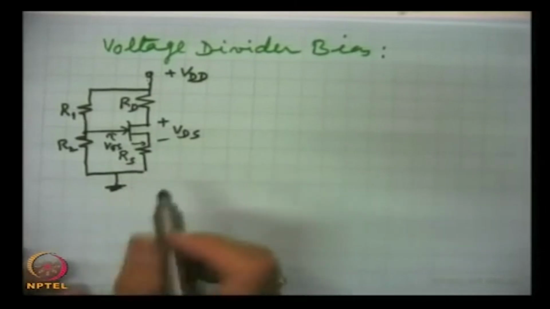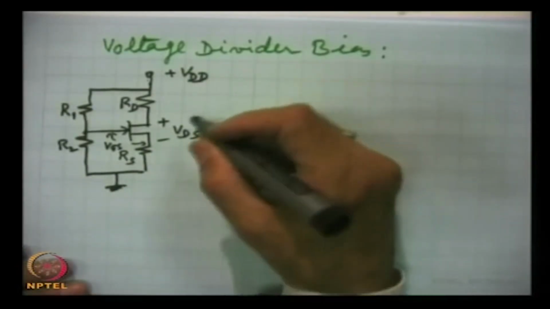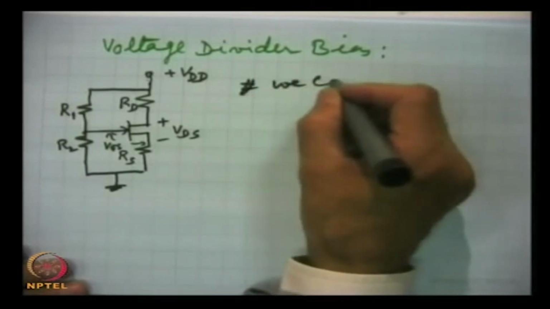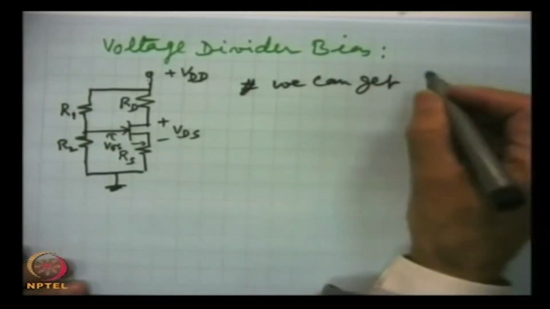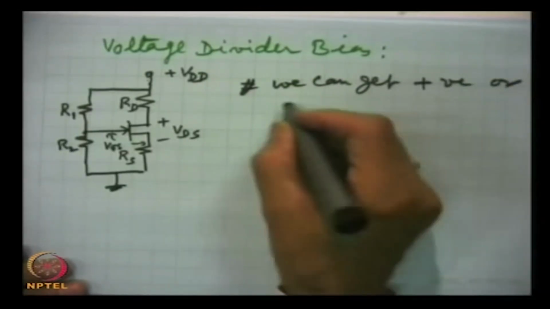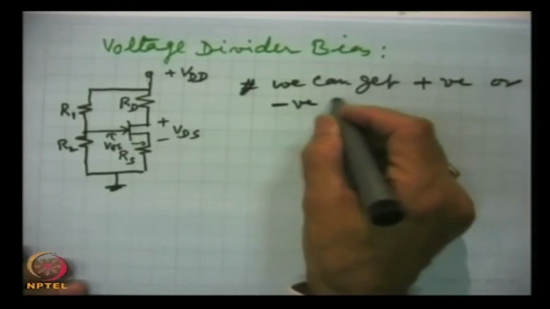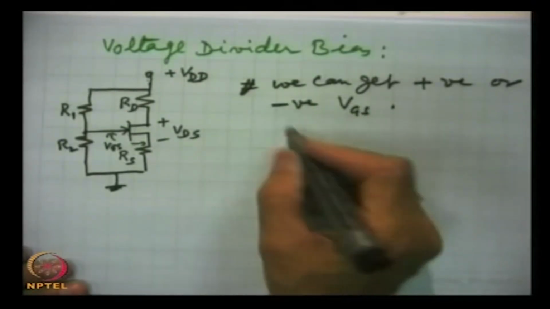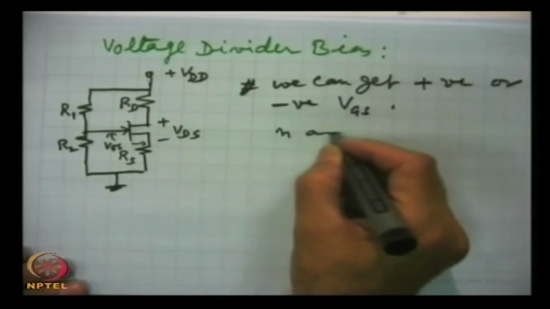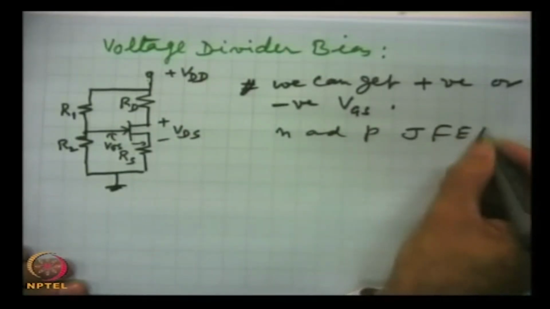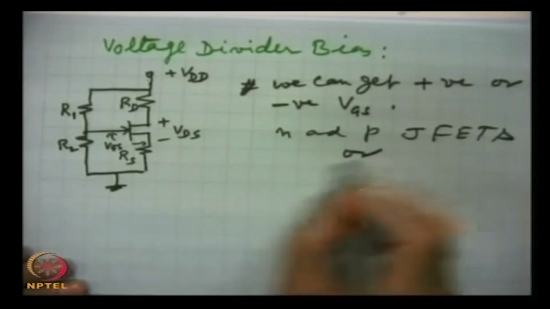And this can be used because we can get, this is important, we can get positive or negative VGS. Therefore, it can be used for N and P JFETs or MOSFETs, any kind of MOSFET.